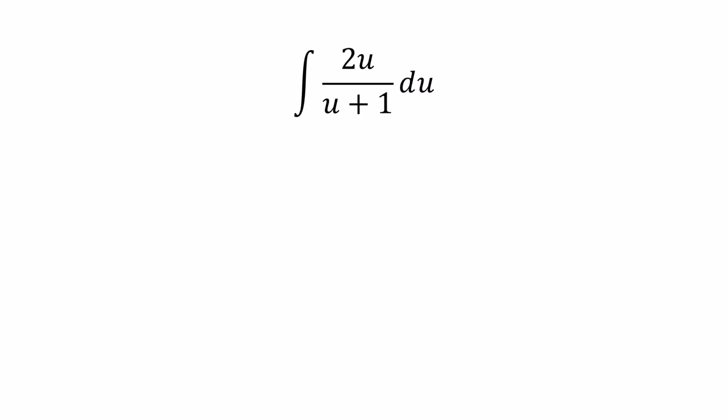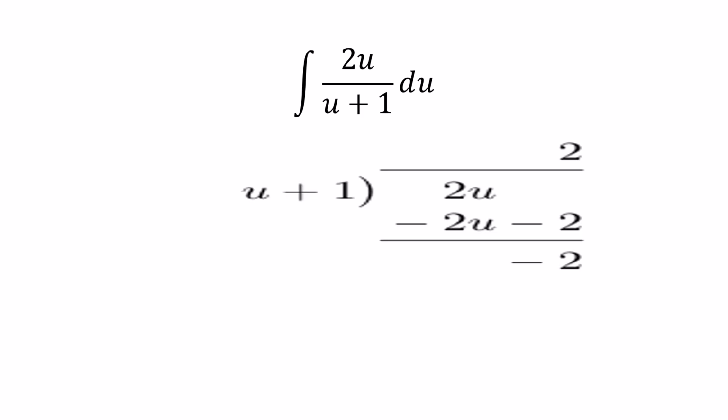Next, we perform polynomial long division, which gives. Hence, our integral is the integral of 2 minus 2 over u plus 1 du.